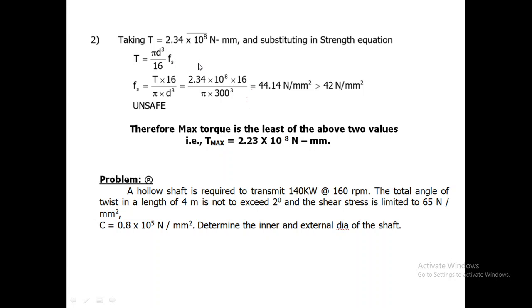So you have to check the values of torque based on both the strength equation and the stiffness equation, and find out whether they are below the limits. If the shear stress exceeds the limit, the shaft will fail by shear when it is working.